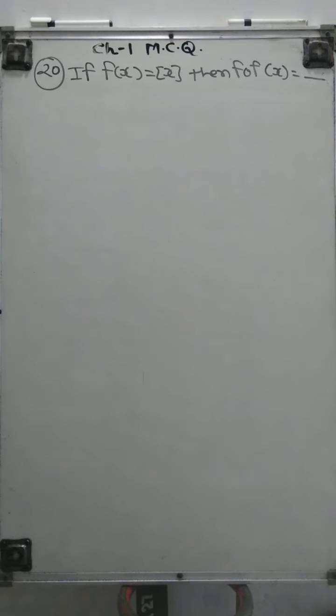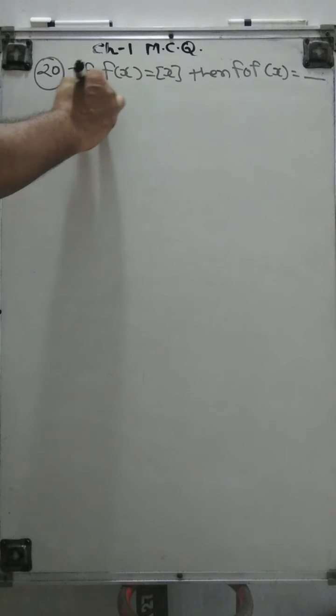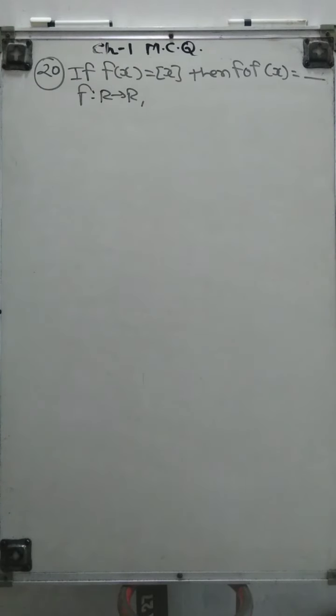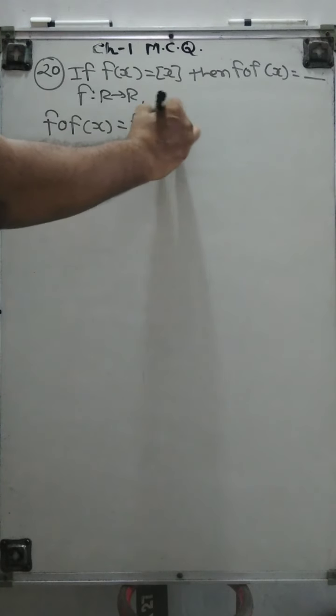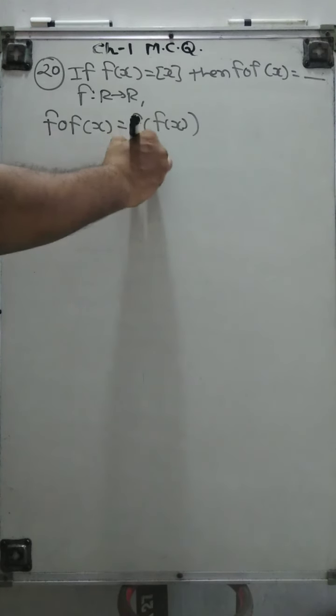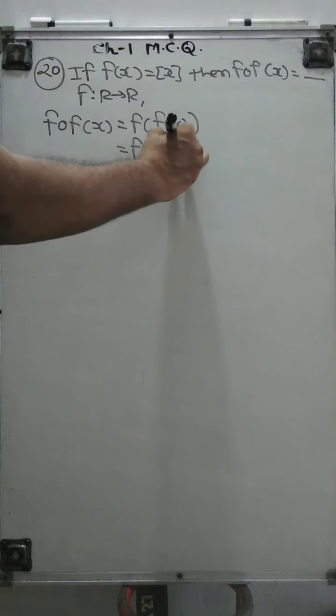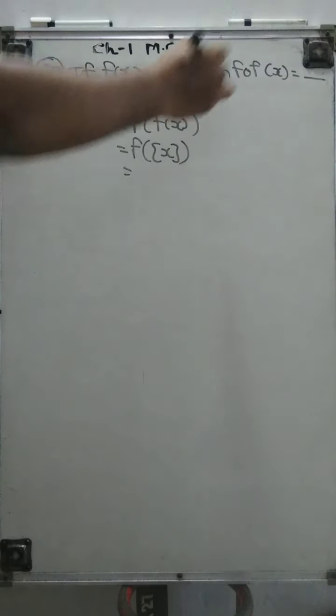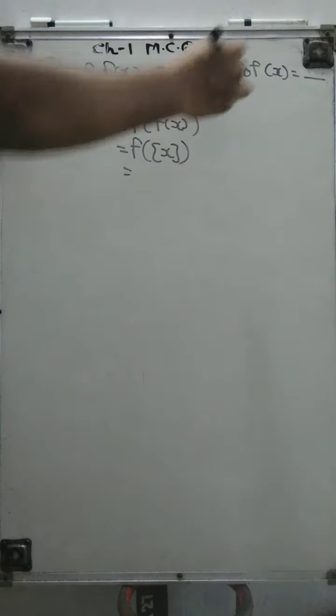Okay, here if f(x) = [x], where f is defined from R to R, then what is fof(x)? Here fof(x) is equal to f(f(x)). Now it is f([x]), and again when we take f of [x], we can say that it is [x], right?